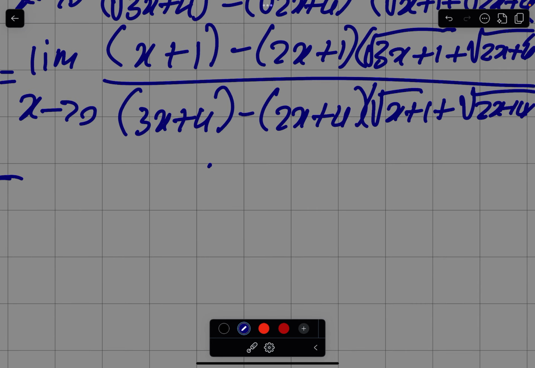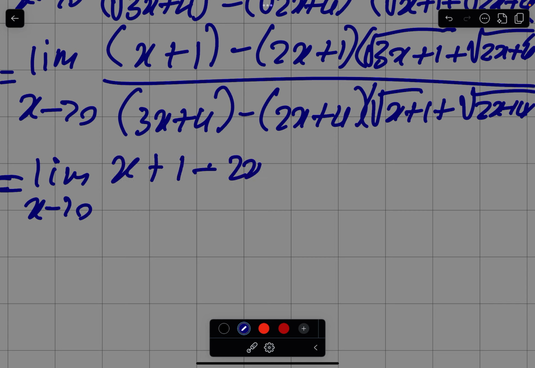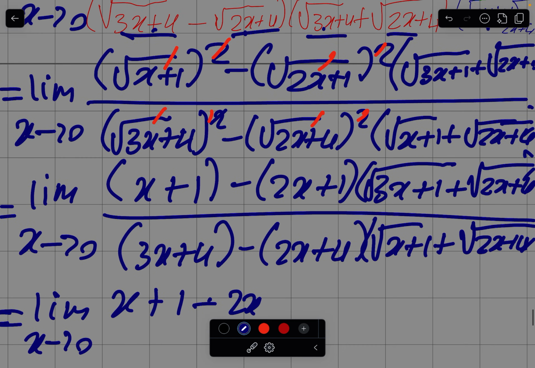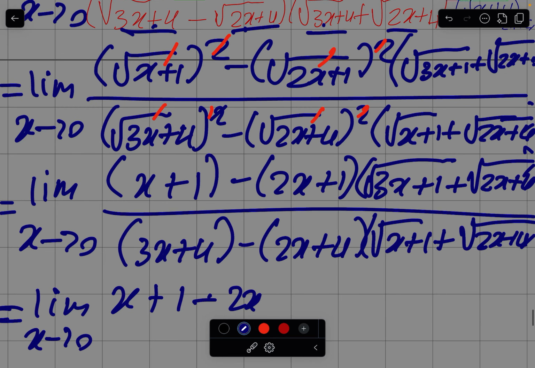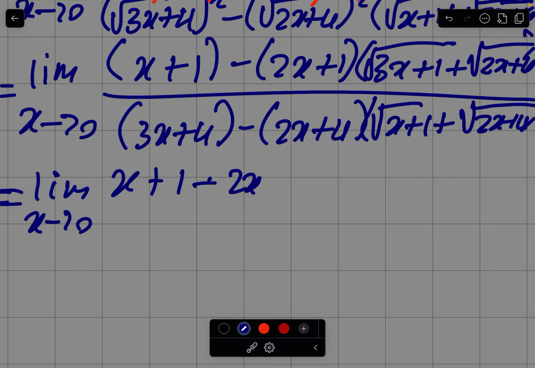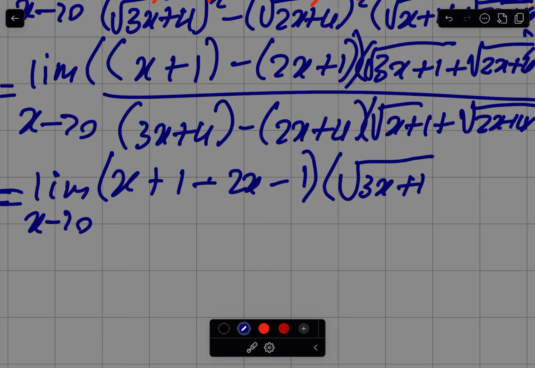Understand? So now you can distribute your brackets. You're going to have x plus 1 minus 2x minus, let me see, yes, that way, because this one is a single term. Then negative 1 the whole into square root of 3x plus 1.